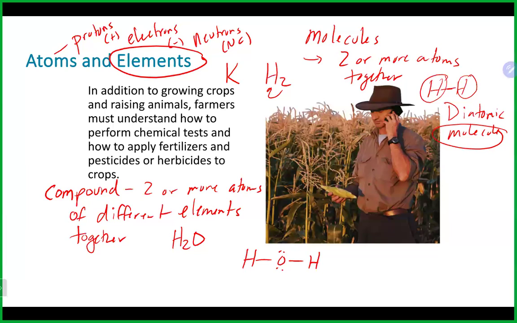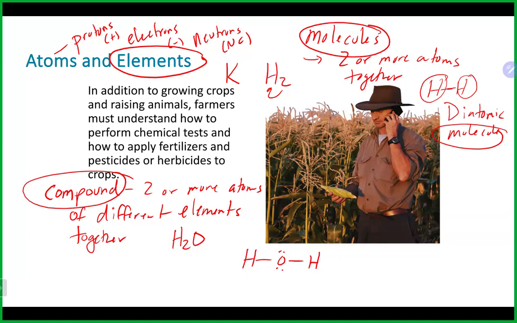Water is also a molecule because it meets that general definition of 2 or more atoms that are together. So water is a molecule, water is a compound. Water is not an element because it is not just one element by itself, right? So there's hydrogen and oxygen there, so it's not an element. So something like water is a compound. It is a molecule, but it is not an element.